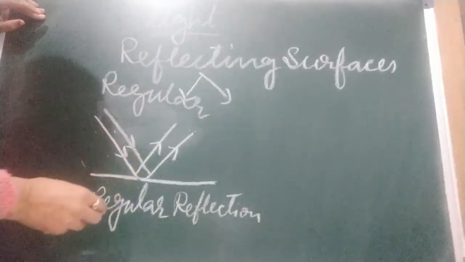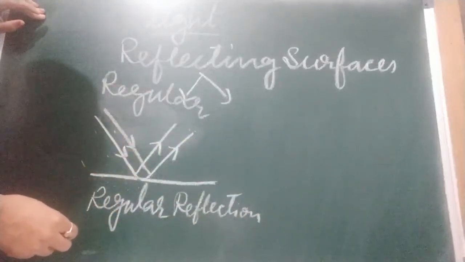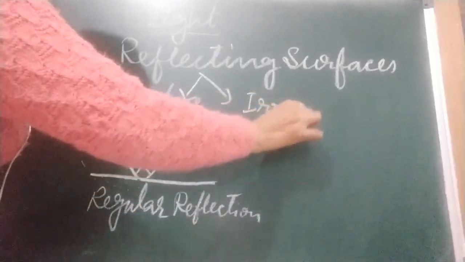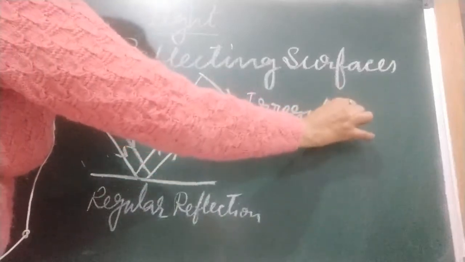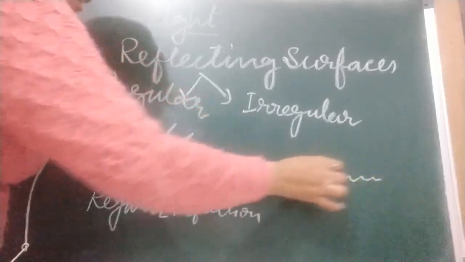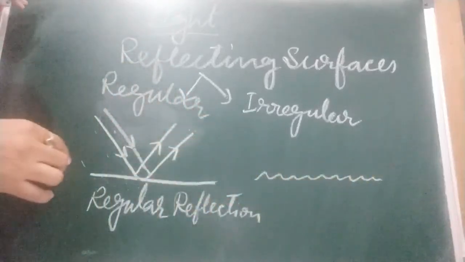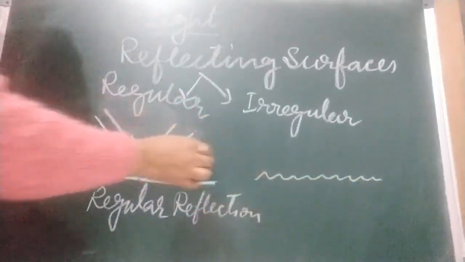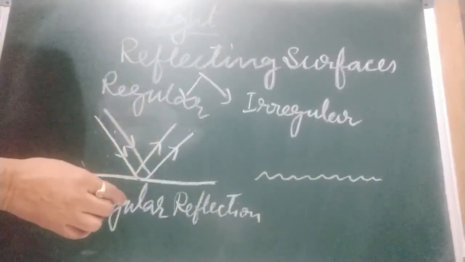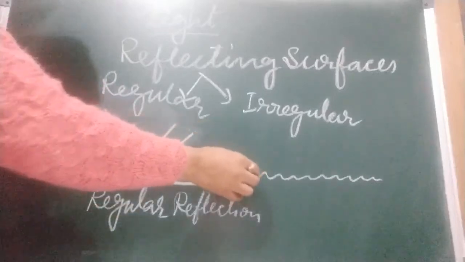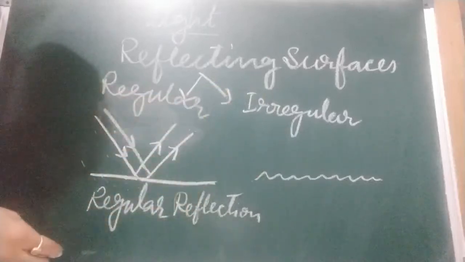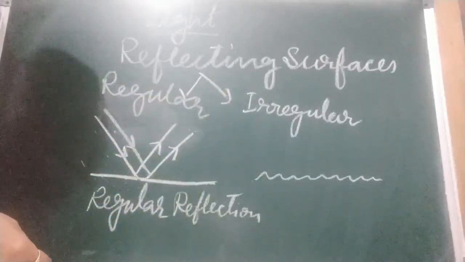And a rough and wavy surface is an irregular surface. What type of reflection takes place in this? When we look at this surface with the help of a magnifying glass, suppose we take the example of a wall, why are we not able to see our reflection on walls? Just because the surface is irregular, uneven, with bumps.